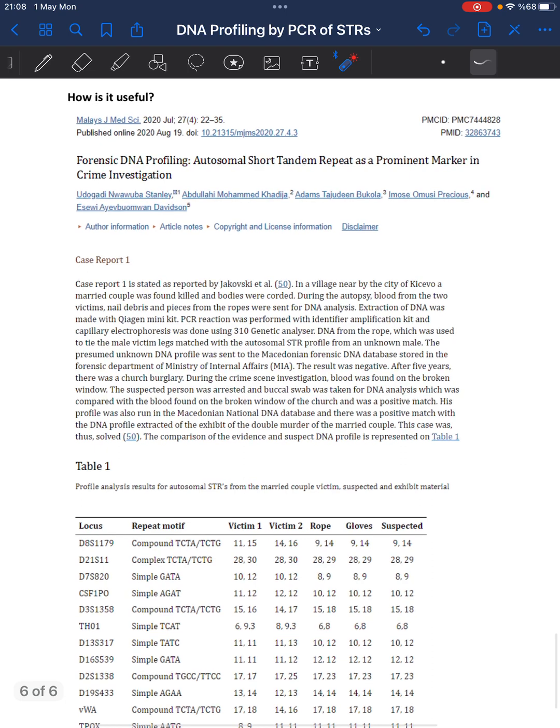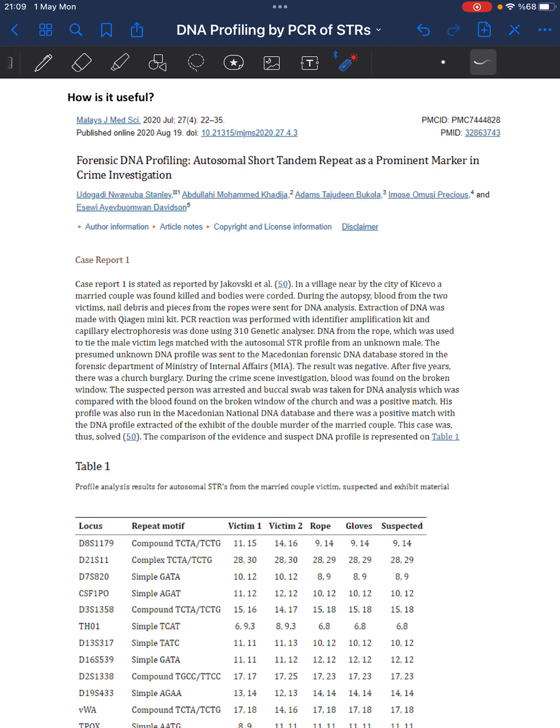And in the autopsy, they extracted different DNAs from both the victims, the rope that was used, etc. But when they uploaded their profile to the forensic database, they couldn't find any matches.